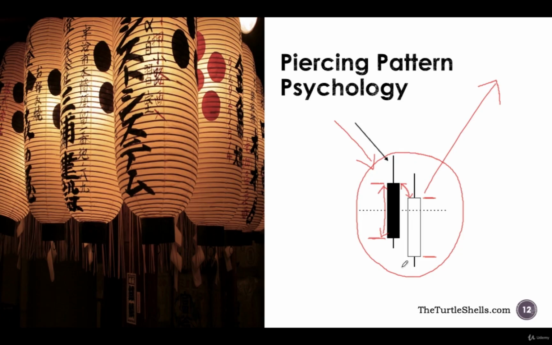So if we draw a support line here, this is where the bulls came back into the market and the price was pushed up, which is the reason why we call this the support created by the piercing pattern. So we have to keep our stop loss just under the low of the piercing pattern. The lowest low of these two candles becomes our support area.